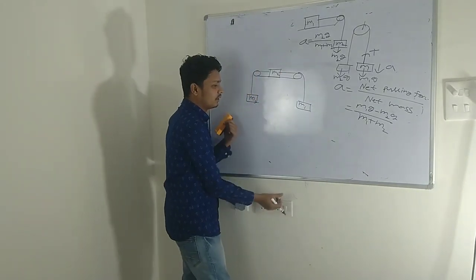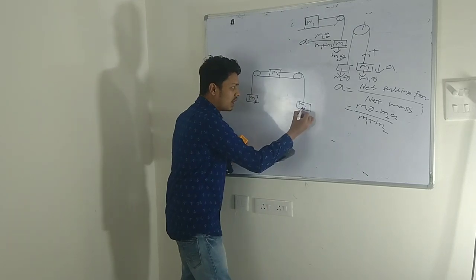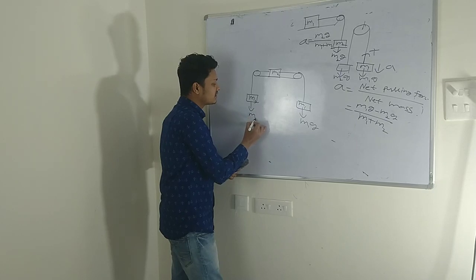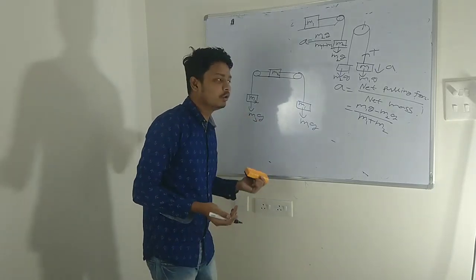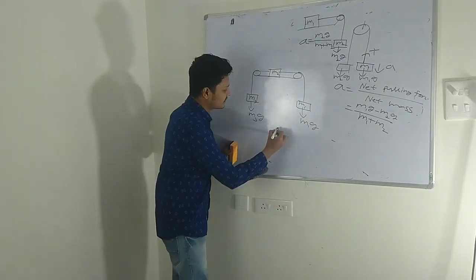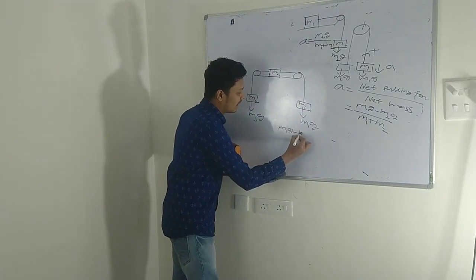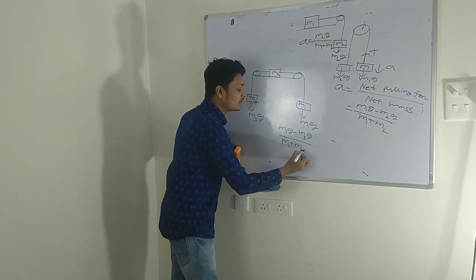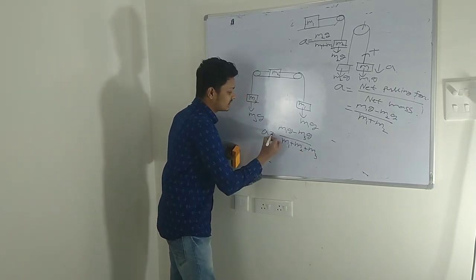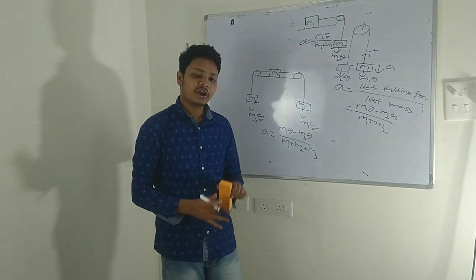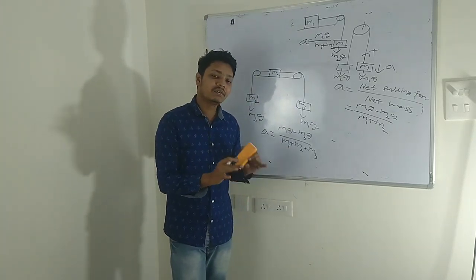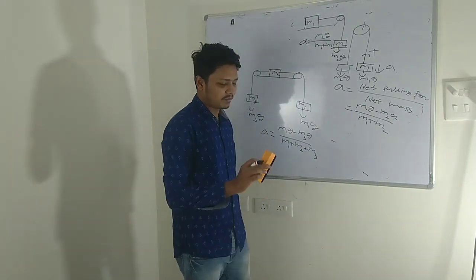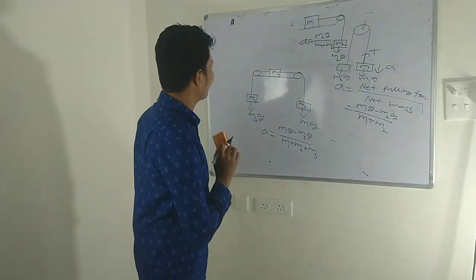Yes, net pulling force. One is M1G, the other one is M3G. That's all. No other pulling force. So your answer is M1G minus M3G by the total mass, which is M1 plus M2 plus M3. This is the acceleration. Let me not complicate this thing right now.